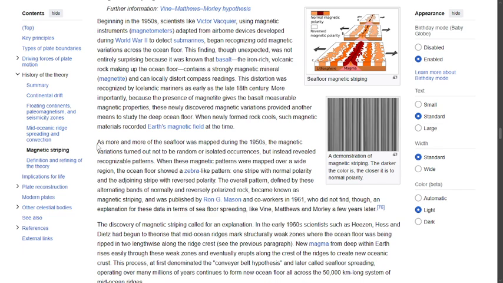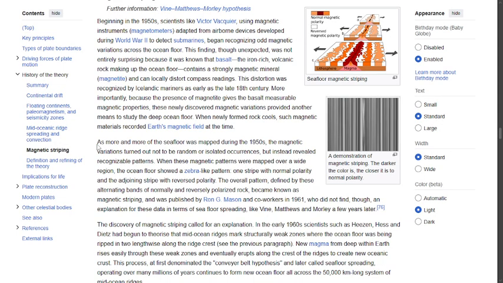I've been reading this wrong. It was published by Ron G. Mason and co-workers in 1961, who did not find, though, an explanation for these data in terms of sea floor spreading, like Vine, Matthews, and Morley a few years later.